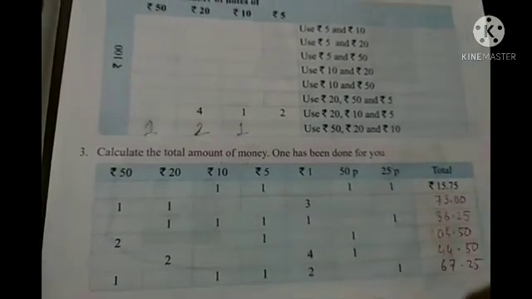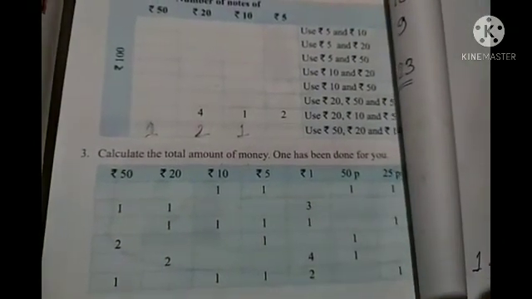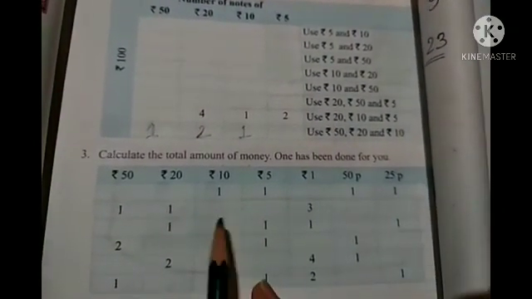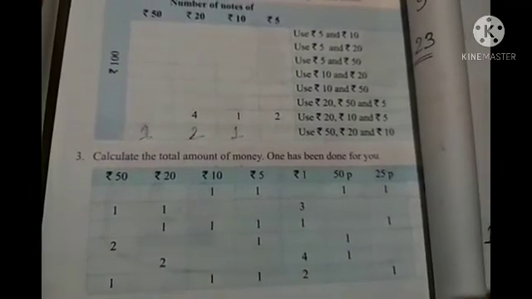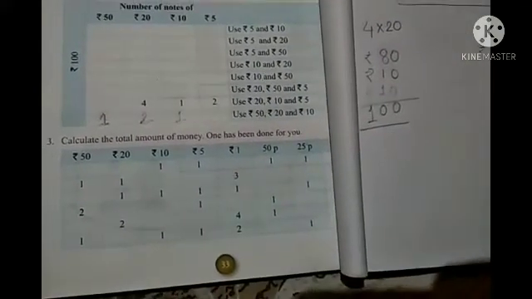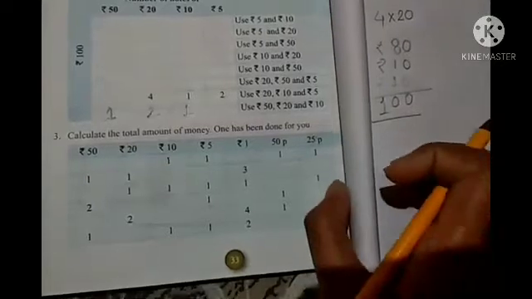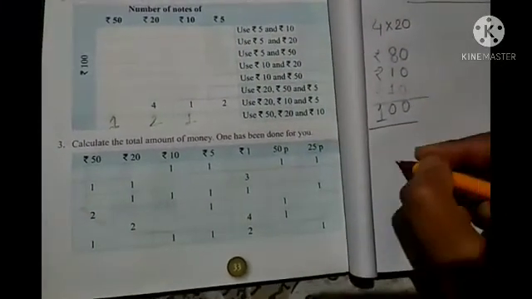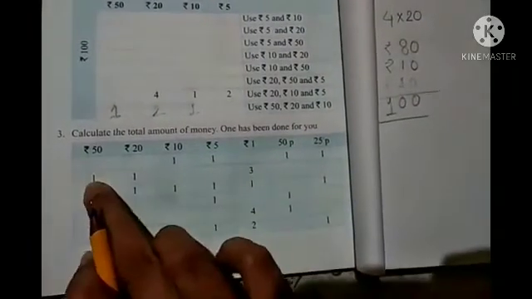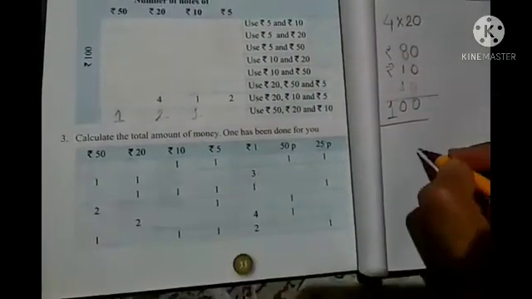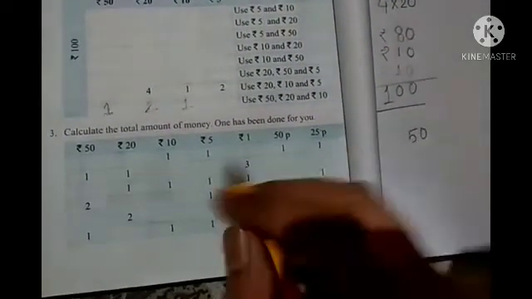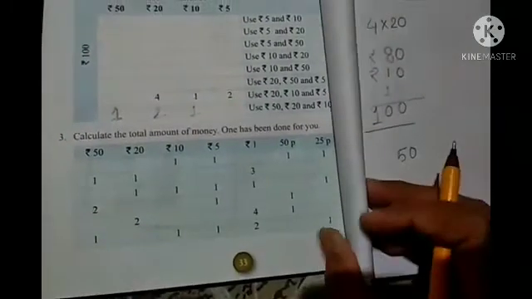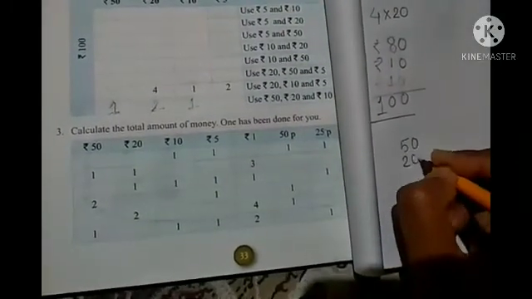Okay, so without looking at my book, now I will tell you this second one. Let's do it. You can do it in your book also. There are already places to write, so you can write in that. I will show you here in this copy. So 150 rupees, that means a 150 rupees note? Now 120 rupees, so 20.